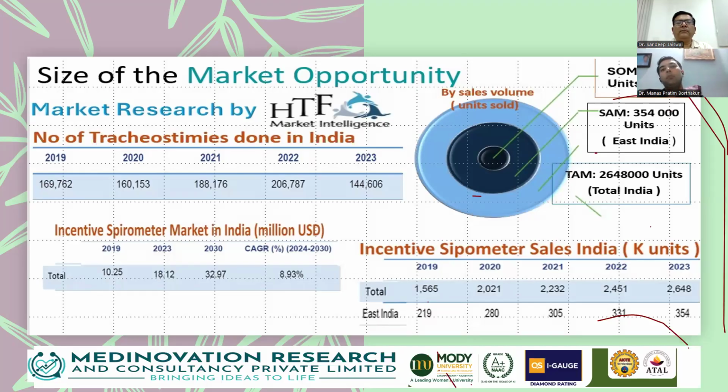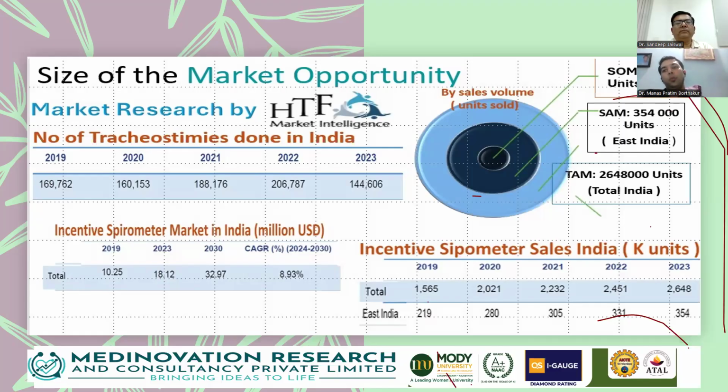So according to them, in 2023, around 1,44,000 tracheostomies were done in India. And incentive spirometry market in 2023 was around 18 million US dollars. This was Indian data. But we have to be realistic in our expectations.